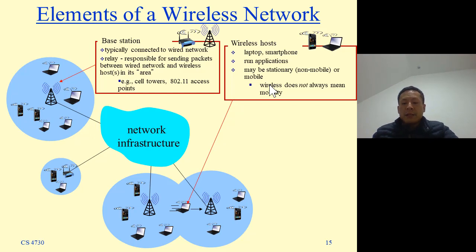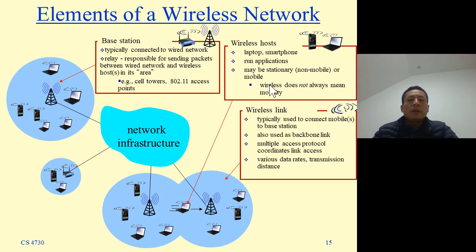Okay, and the third important element is the wireless link. The link is a kind of radio link. It is a very typical link that connects mobile devices with the base station. Sometimes it's also used as a backbone link, for example, for point-to-point connections.